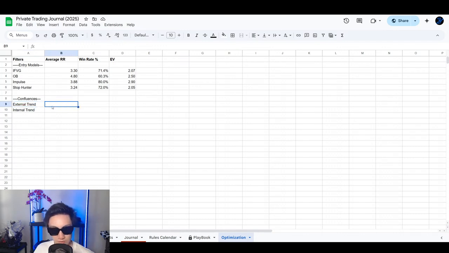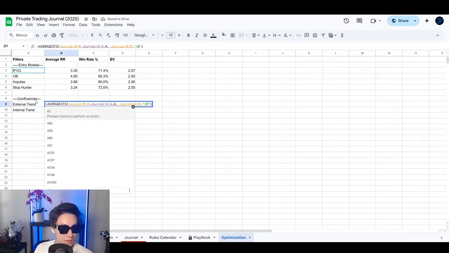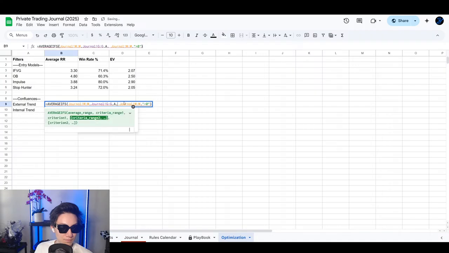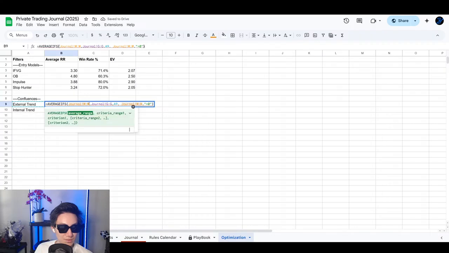And then we can calculate the average risk reward for these if you're curious about that. So for example, you just copy and paste this. And obviously we want to use A9 here. We keep the same subsheet because it's the same subsheet, and keep this ending part the same.